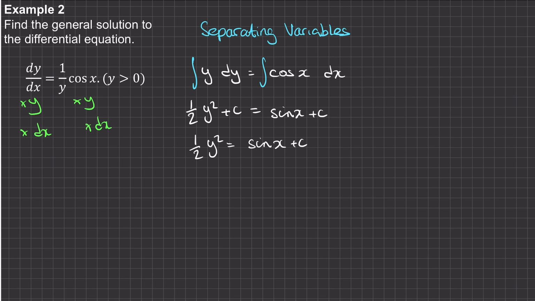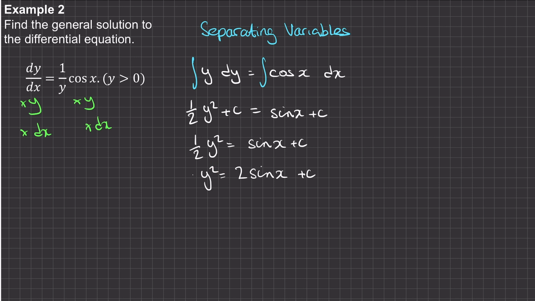And now we'll cancel out this half by multiplying both sides by 2. So y squared will equal 2 sin x plus c. Now technically I could have written that as 2c, but 2c is still just a constant, so I'm leaving it as c for now. And then the next thing I need to do is to cancel out this square term.